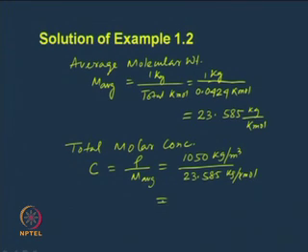So, this is 44.52 kmol per meter cube. This is the total concentration. So, this way we can calculate the molar and mass concentration.